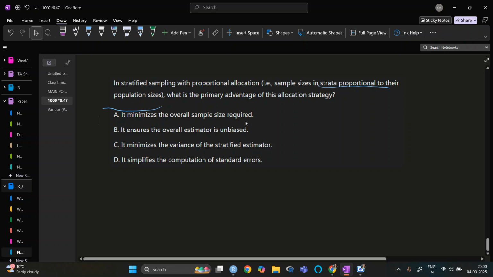It minimizes the overall sample size requirement, it ensures the overall estimator is unbiased, it minimizes the variance, or it simplifies the computation of standard error. It does all of these things, but what is the most important reason why we do that?